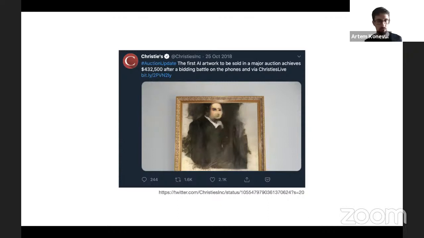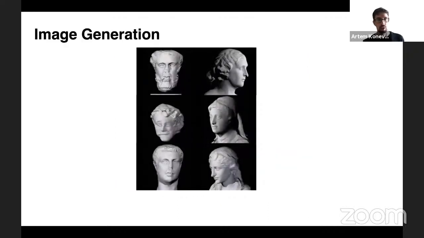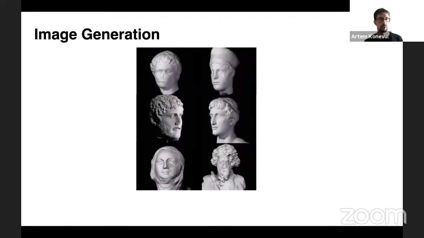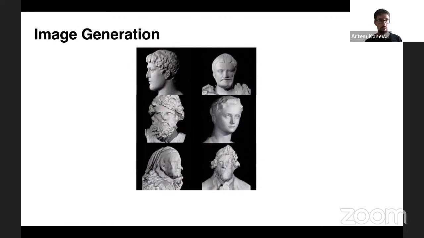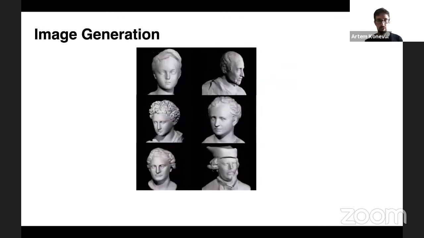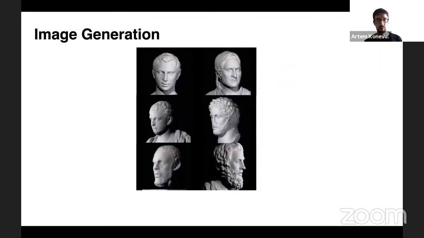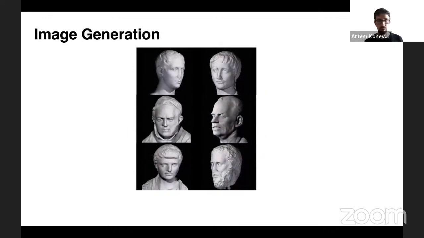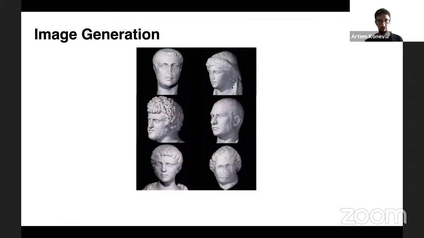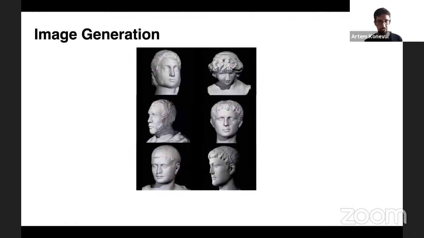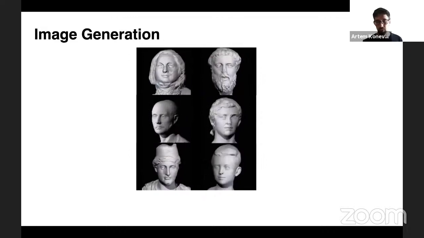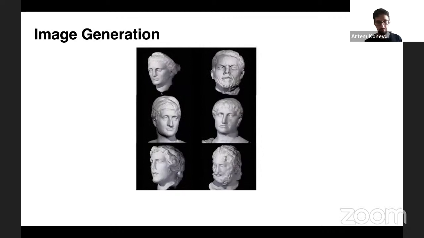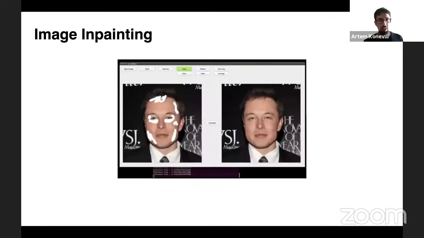And there are a lot of other cases. So what are the cases in which GANs are used? First of all, image generation. Here is my project that I made with Yegor Kraft, where we produced synthetic antique statues that were never built before.